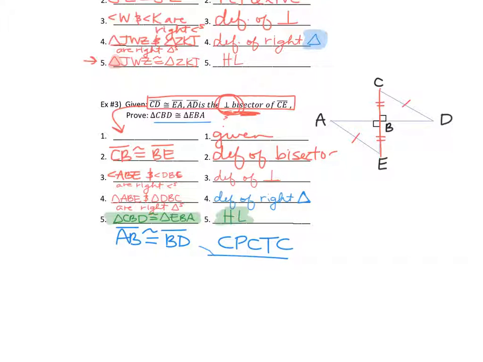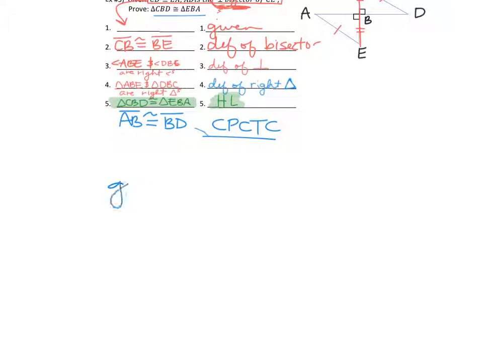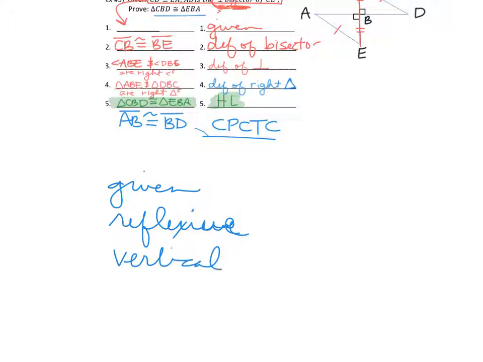Okay. Want to do a quick run through of things you see in a proof? You tell me. What do you see in proofs? Always given, right? Reflexive. I need to stop writing that in cursive. I do too many humps. There we go. Reflexive. What else? Vertical angles.